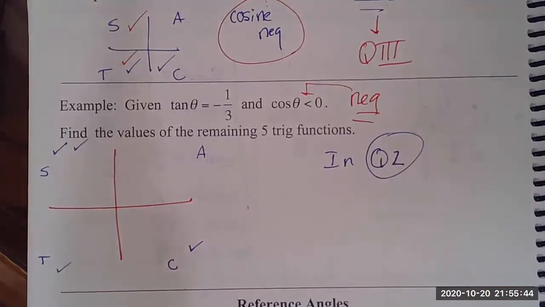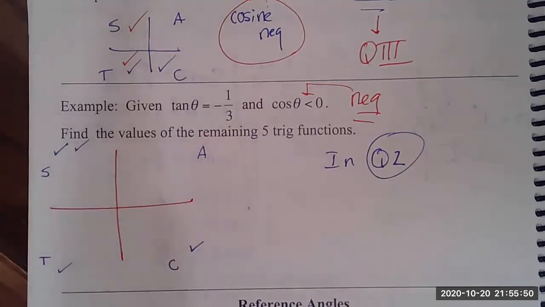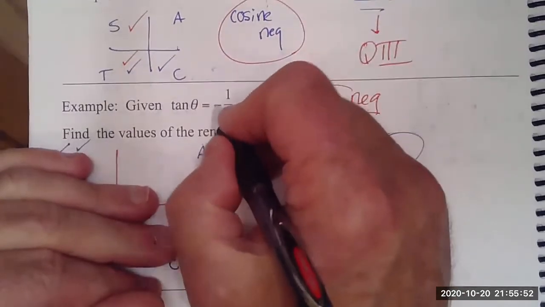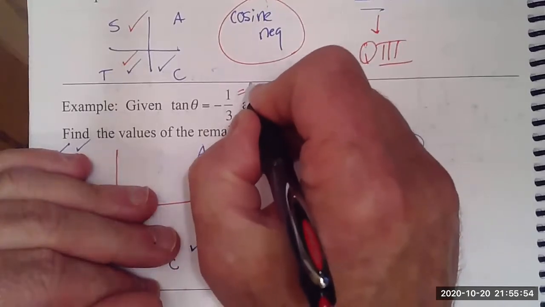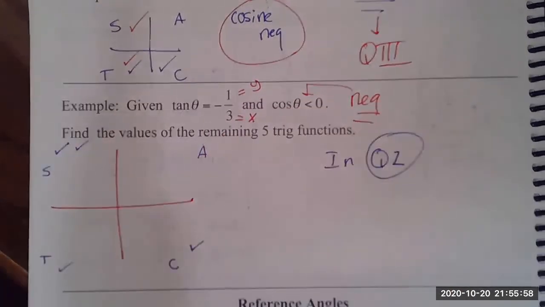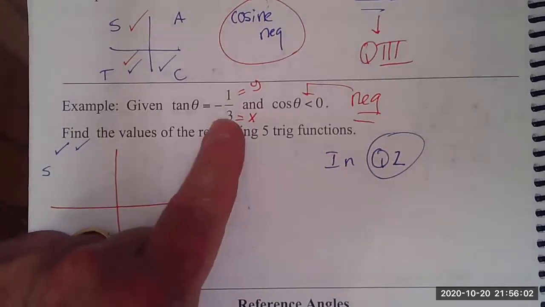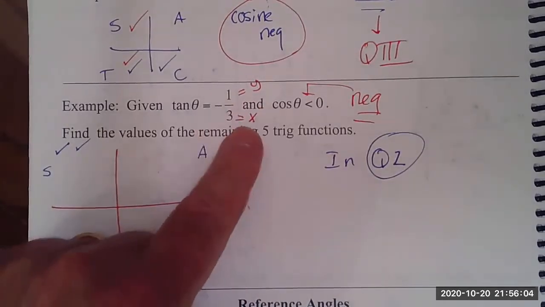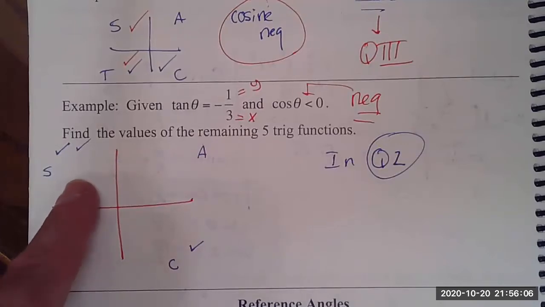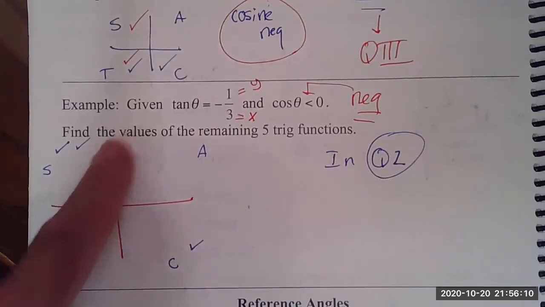So the idea on this one is I'm going to draw my triangle. I'm going to draw a triangle so that -1/3 appears. And for a tangent, don't forget this is your y and this is your x. That's y over x. So where do you think the negative's got to go? To the y or to the x in quadrant number 2? Is the y negative up here or positive?